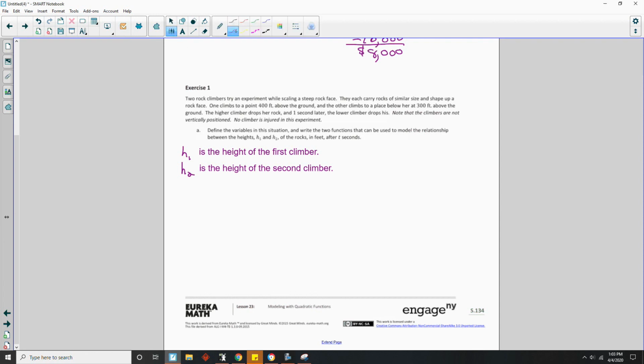So we need to say that. T is the number of seconds passed since the higher climber dropped her rock.